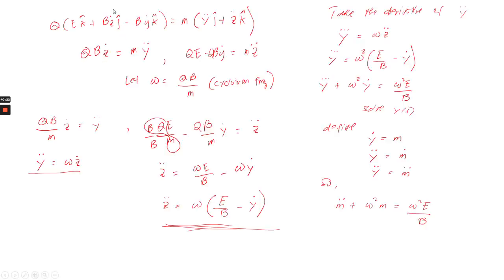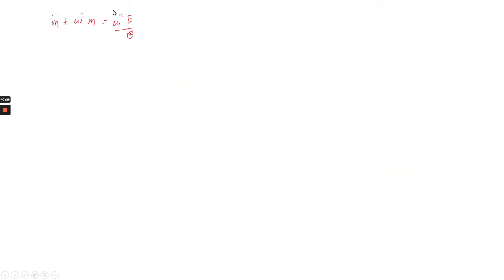We have m double dot plus omega squared m equals omega squared E over B. We assume the solution is m of t composed of two parts: m complementary plus m particular.